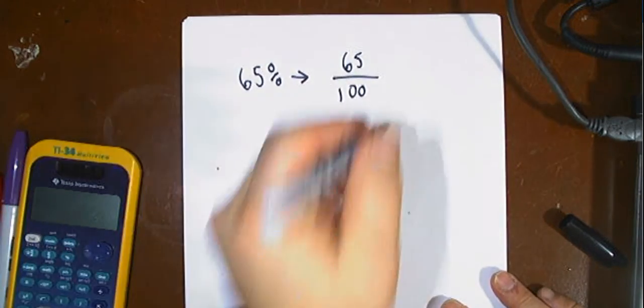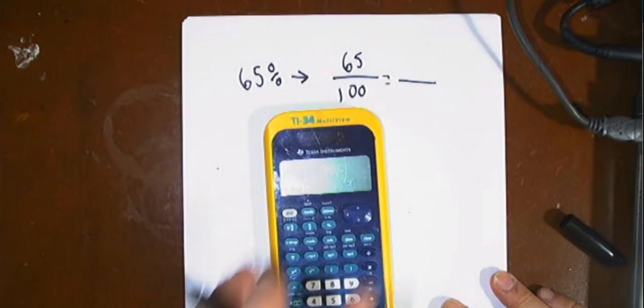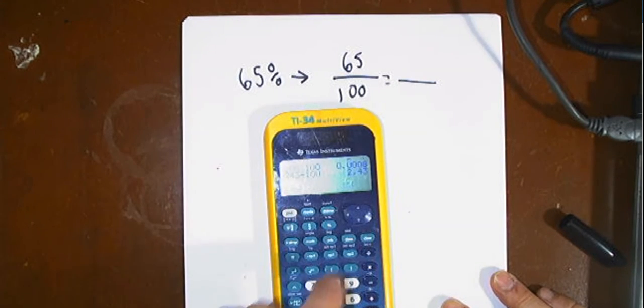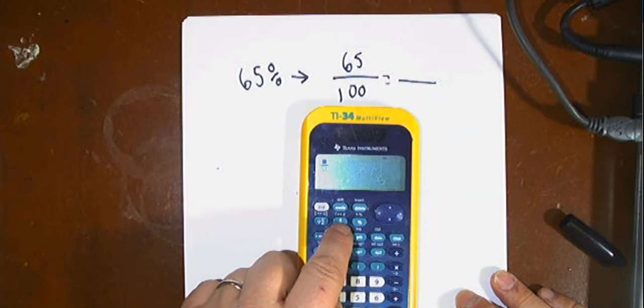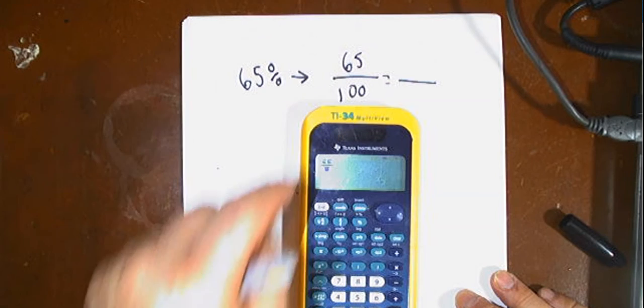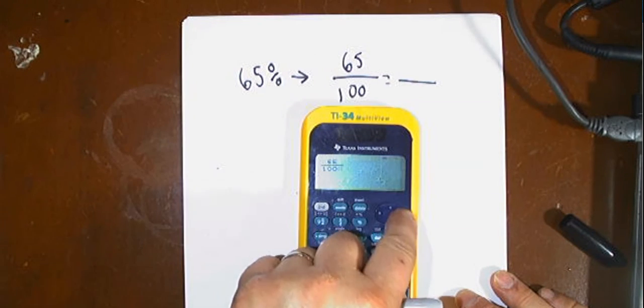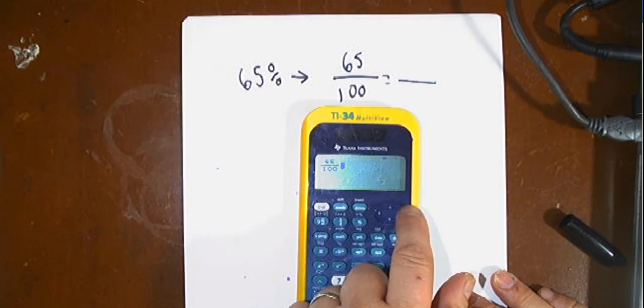Now the problem is the computer will not accept that, so we can use our calculator. Take our calculator, I turn it on. We use the N over D, this button right here. I'm going to put 65 in the numerator, 100 in the denominator. I'm going to arrow out of it. See, sometimes it's going to arrow out.